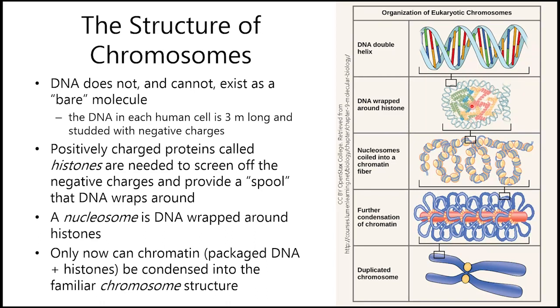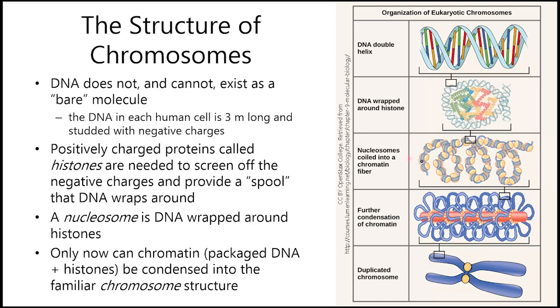So the first thing we've got to do is screen off those negative charges with positive charges. We can find positive charges in certain amino acids that are put into a protein, and that protein is called a histone. And those positively charged proteins called histones are used to screen off the negative charges. We wrap the DNA then around the histones to neutralize the charge so that we can pack these molecules together very tightly.